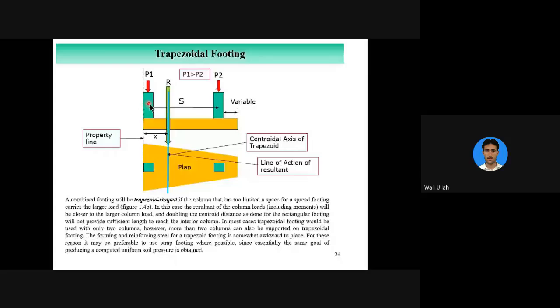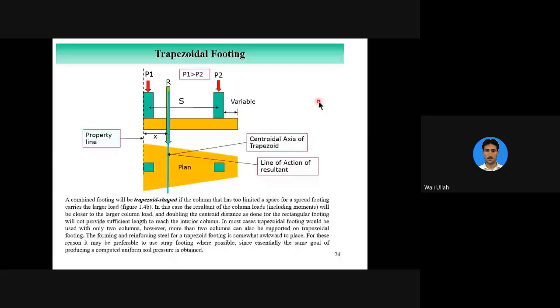In a strap footing, what we do, this is one column, this is another column. We design a pad below this column, design a pad below this column, and connect them via a beam like this. It's called a strap beam.